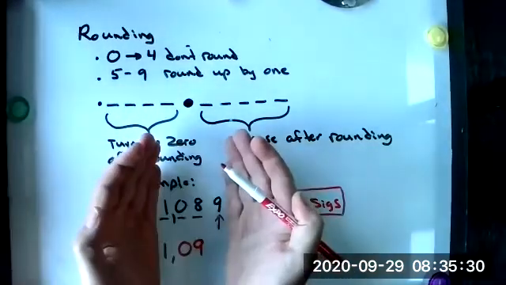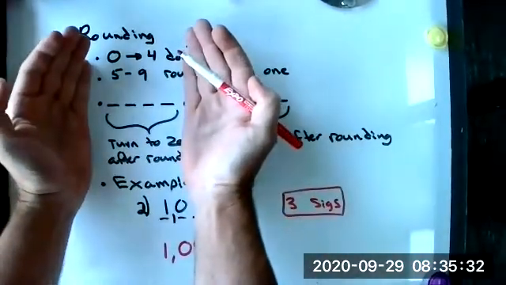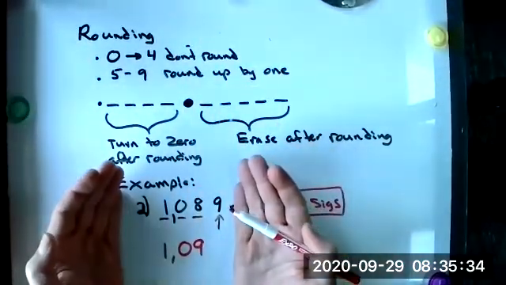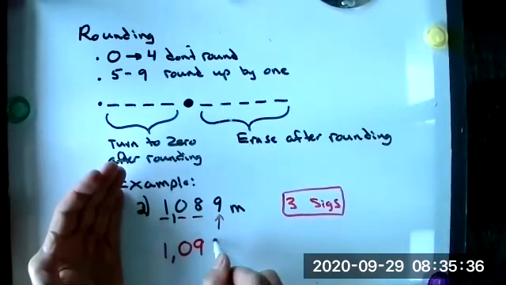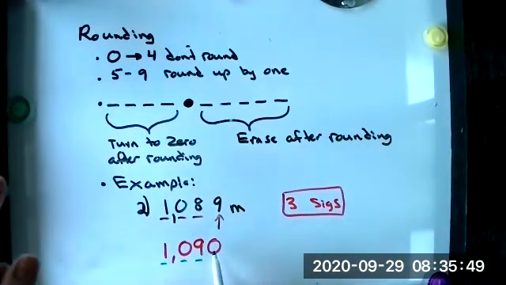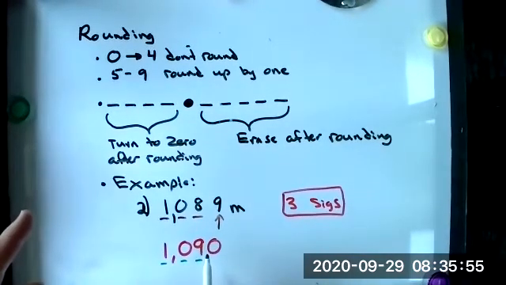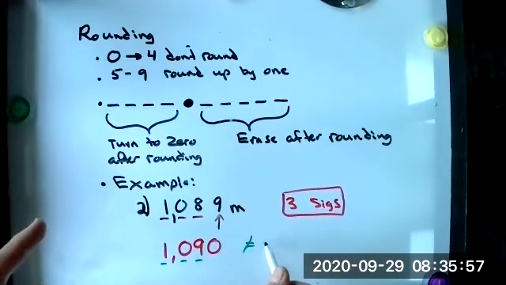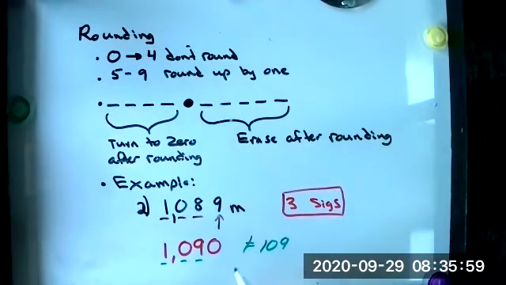You're playing the rounding game to the left of the decimal. When you're done using him, you have to turn it to a 0. Because if you look at this, my 3 significant digits, 1, 2, 3, this one is not significant, but I need to put the 0 there because 1090 is not the same as 109.